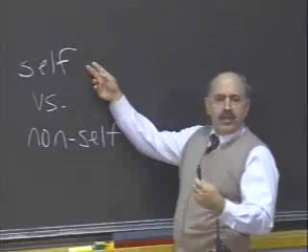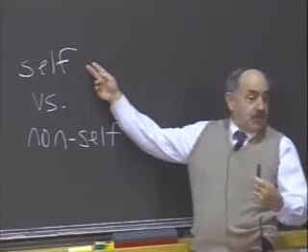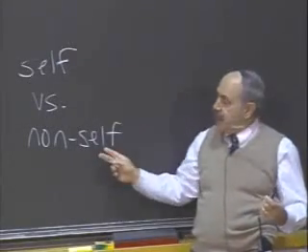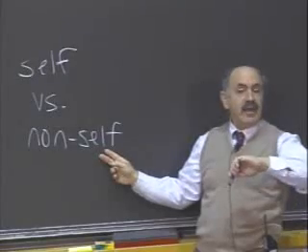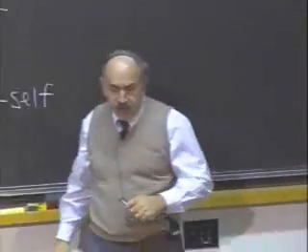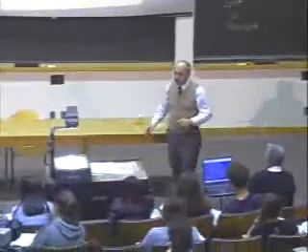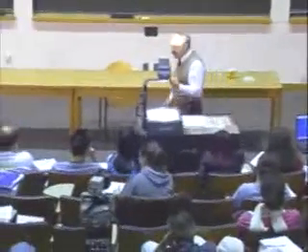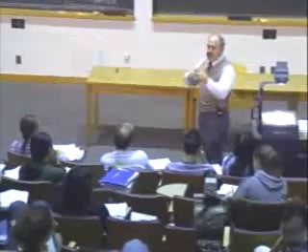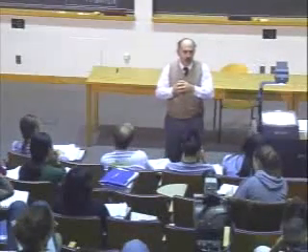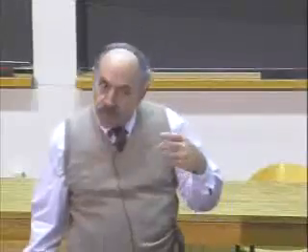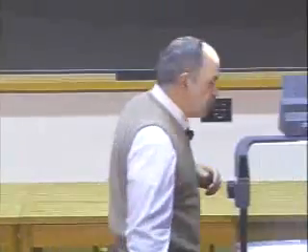Self are the body's own native proteins, which are in principle conceivably antigenic. Non-self are foreign invaders that bring strange epitopes into the cell. And what happens is that B cells, which make antibodies that recognize native proteins in our tissues, are, if things are working well, rapidly eliminated early in the development of the immune system.